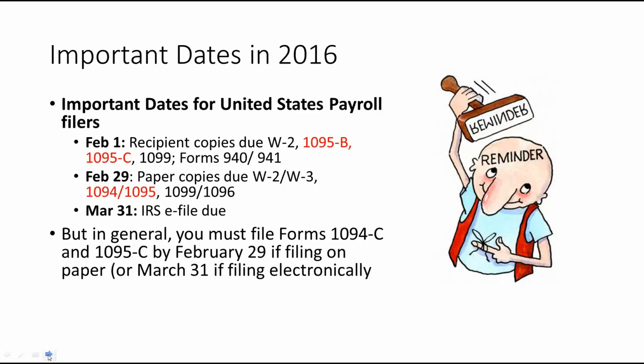And some people did not know that, so I wanted to make sure I put that in here and made that announcement. Then your February 29th filings for those forms to the federal government is due by February 29th if you're filing a paper copy. If you are electronic filing the forms, 1094, 1095, W-2s, and W-3 transmittals, then those are due by March 31st.